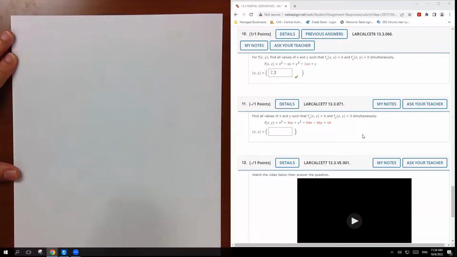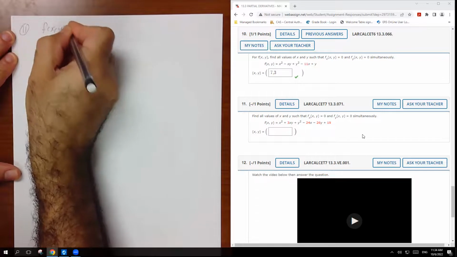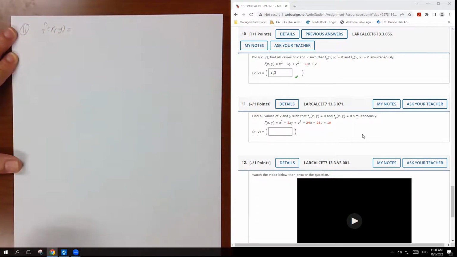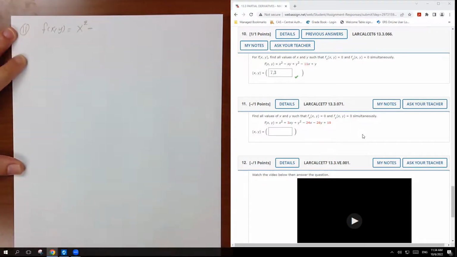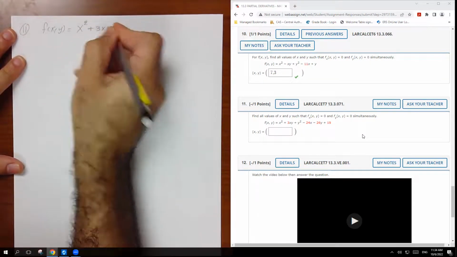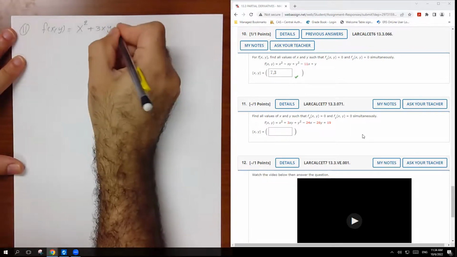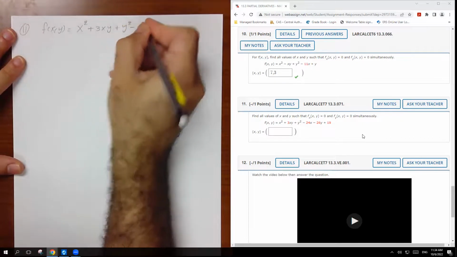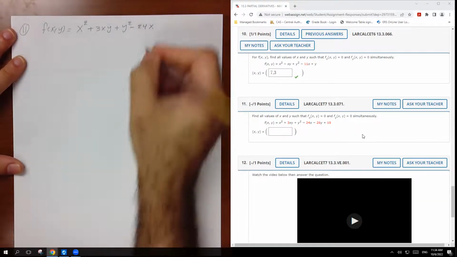Question 11, we have f of x, y equals x squared plus 3xy plus y squared minus 24x minus 26y plus 19.